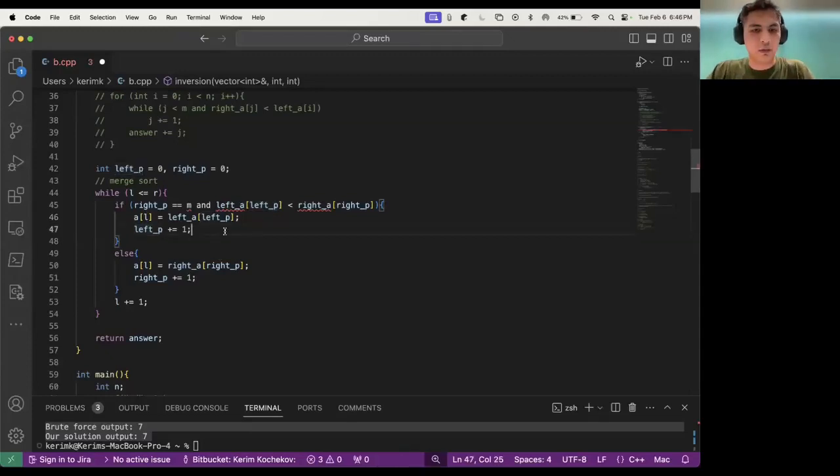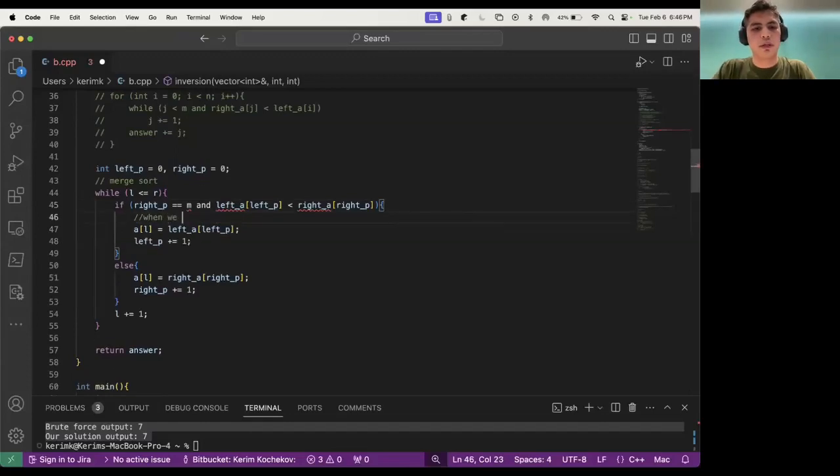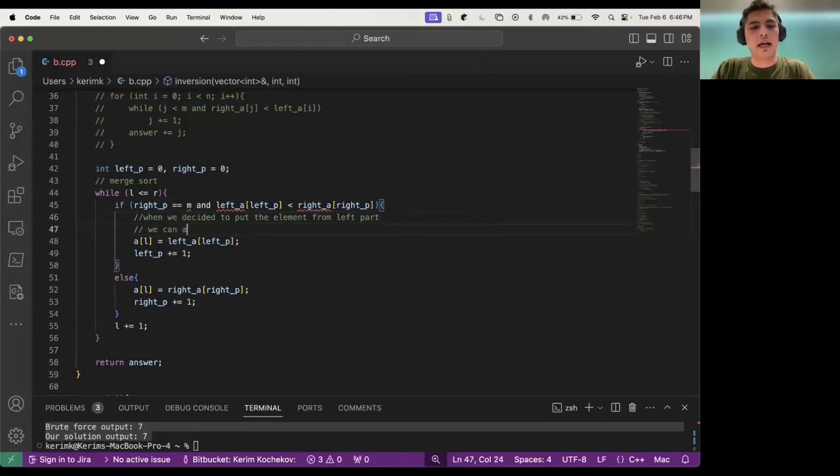So when we decide to put the element from the left part, we can add to the answer the number of smaller elements in the right part by having a right pointer showing the current place, like right P. So right P here means the next smallest element in the right part.